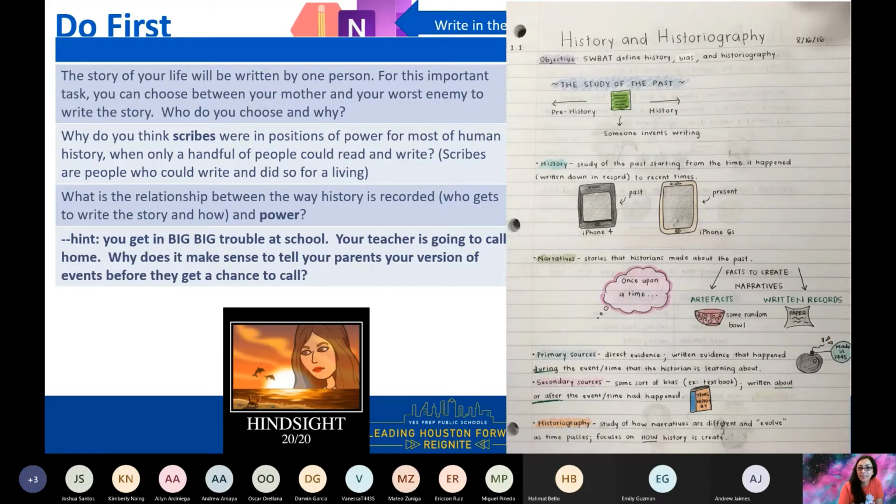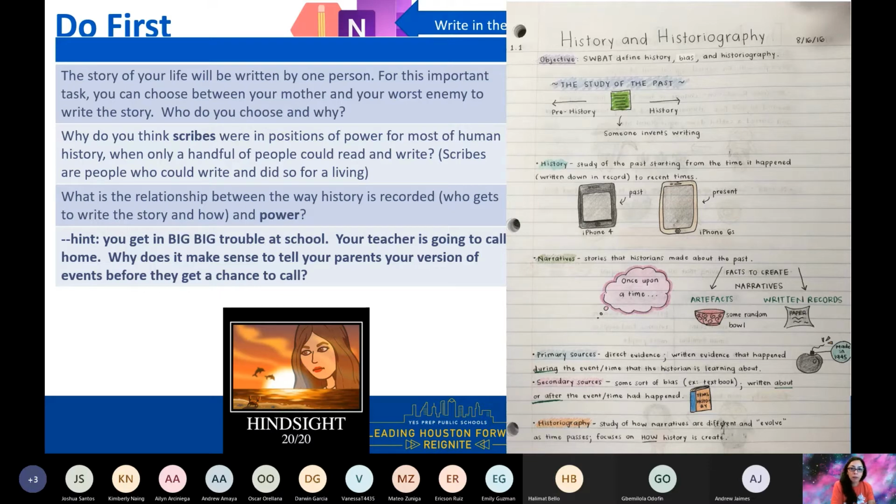I had something similar to Halima. I put my mom because I feel like she knows me the best. Okay. So what you guys are saying in different words is that one of these two options has a lot more context to give a picture, more real picture of your life.